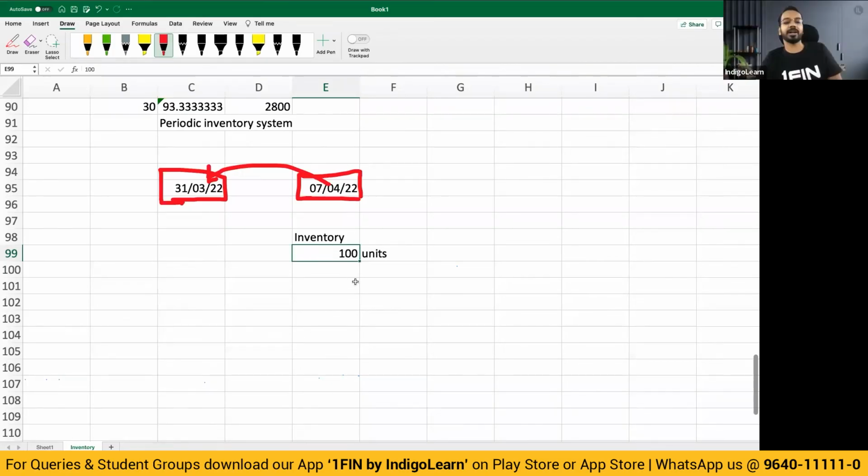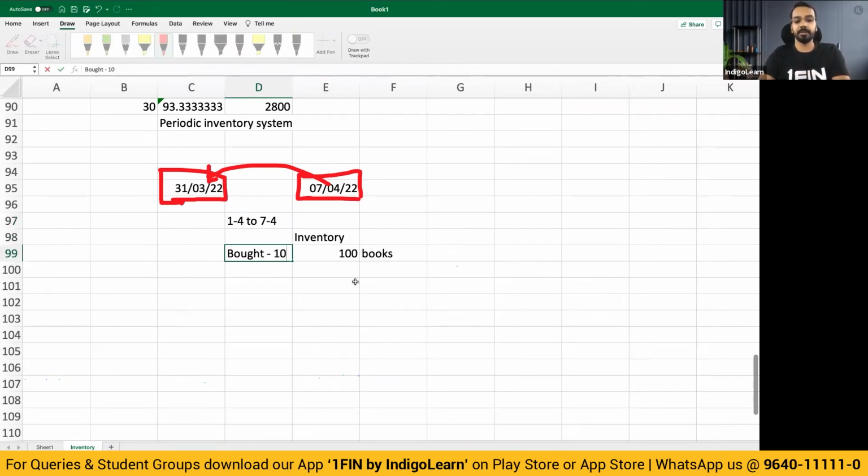So let us say I counted 100 units of books. During the period between 1st of April and 7th of April, we bought 10 books and sold 20 books.